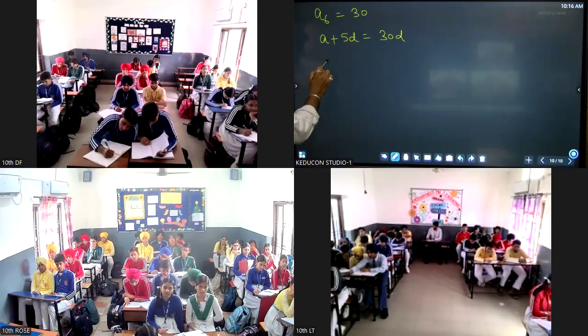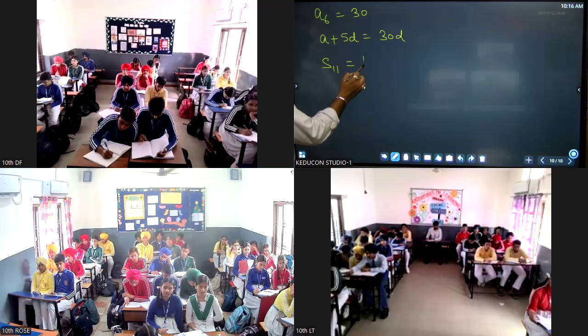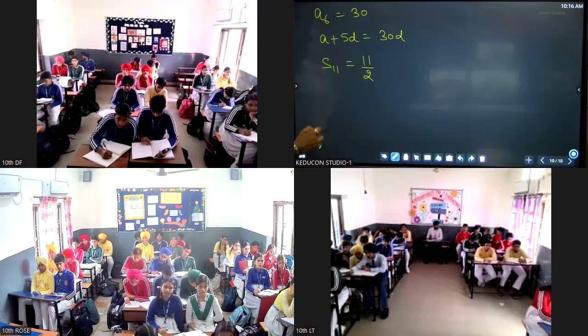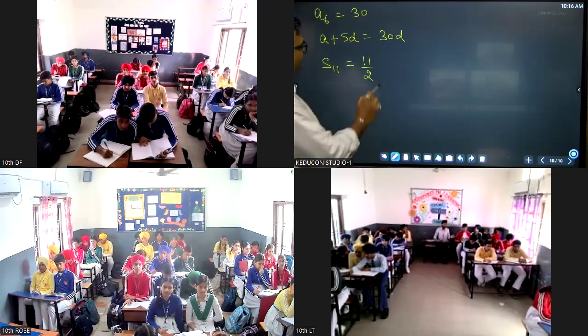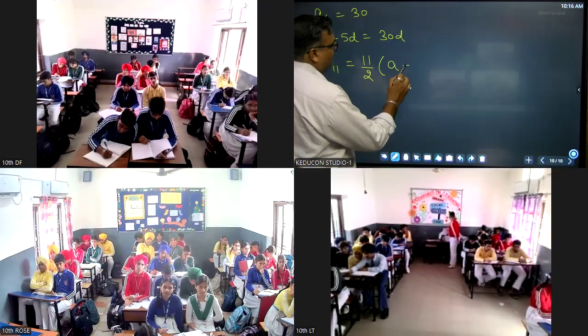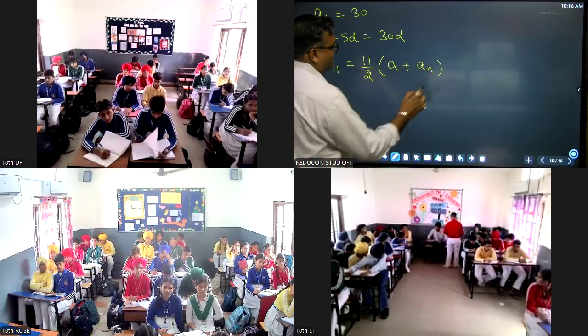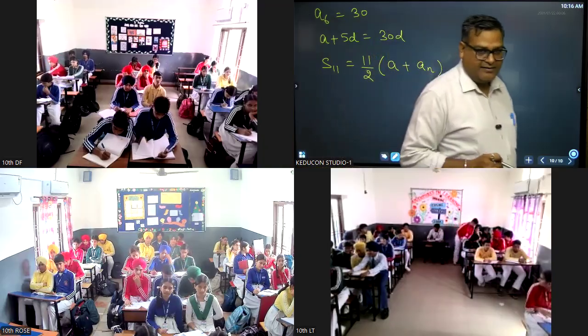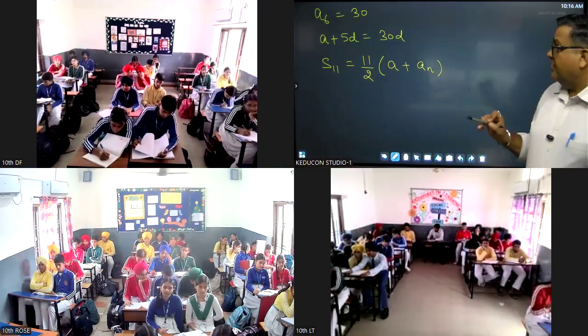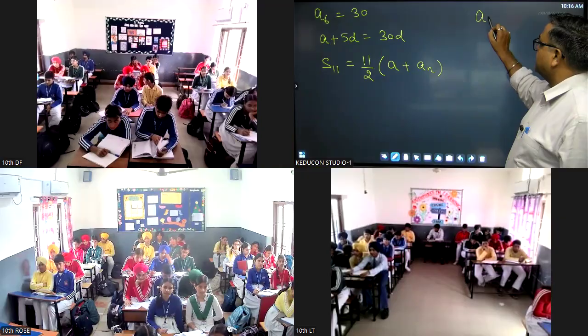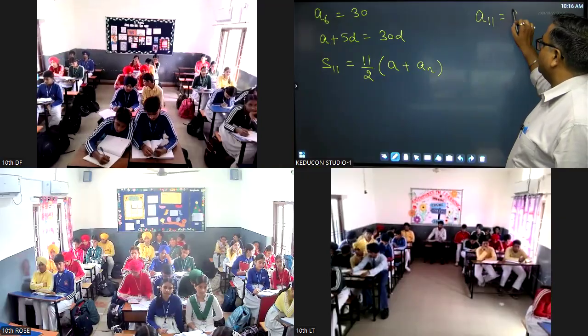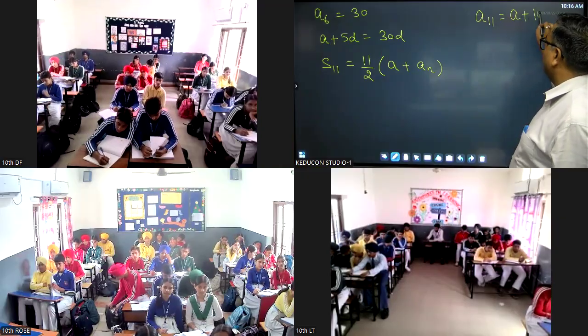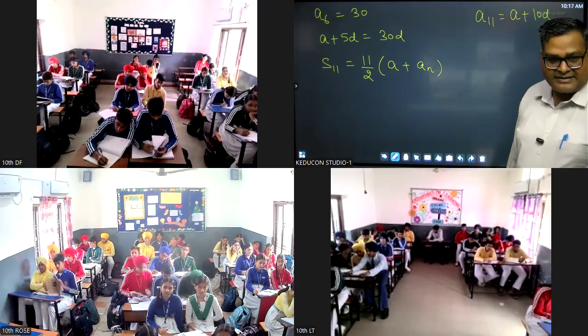Now we have to find the sum of 11 terms. What is the formula for the sum of the terms? N by 2. We will apply here the formula A plus AN. Is this clear? Now what is AN? How many terms are there? 11 terms. So what will be AN? A plus 10D. Is this clear?